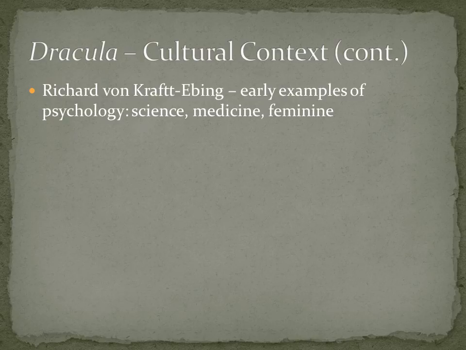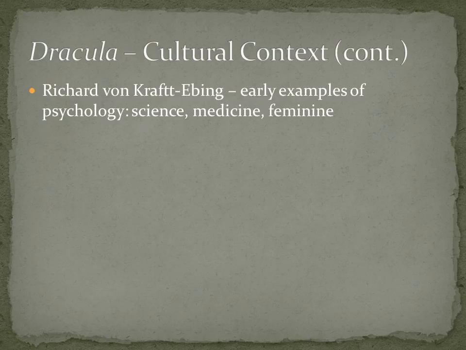You have Richard von Krafft-Ebing, who predates Freud. 1897 is right around the time Freud's starting to write. So Krafft-Ebing is like an early psychologist, doing a little bit of what Freud's doing before he's doing it. In this piece, he gets into science and medicine, like we talked about earlier, and also the feminine and the female.